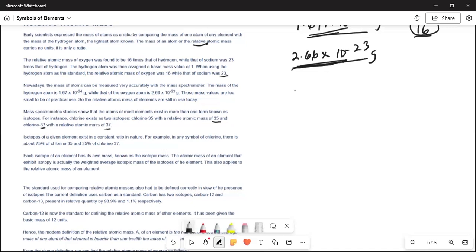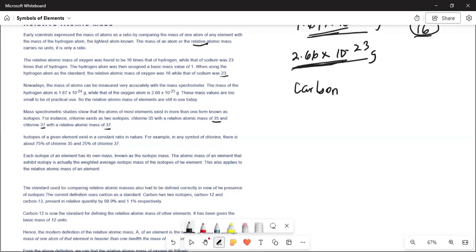Apart from chlorine, carbon also exists in isotopic form. You have carbon-12, which is the most abundant, and then you have carbon-14 also. Then oxygen also exists as isotopes. Sure, most atoms today have their isotopic forms.